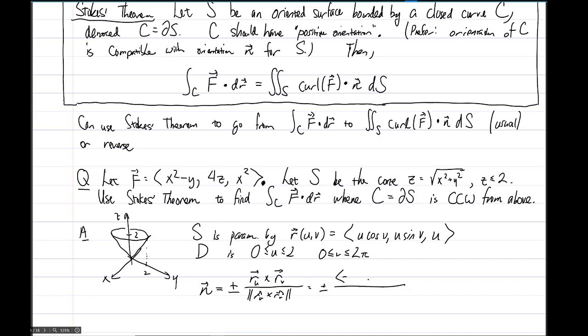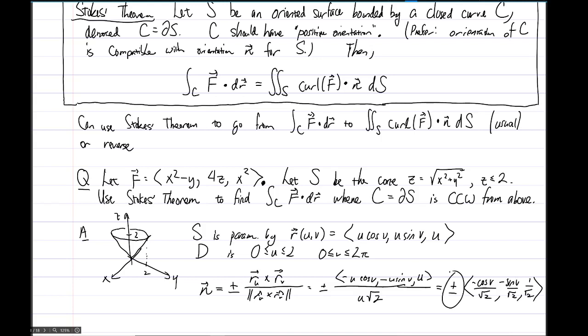We'll save the details of the cross product and the partial derivatives, but it's negative u cosine v, comma negative u sine v, comma u, over u root 2. Once we cancel the u's, we'll have negative cosine v over root 2, negative sine v over root 2, comma 1 over root 2.